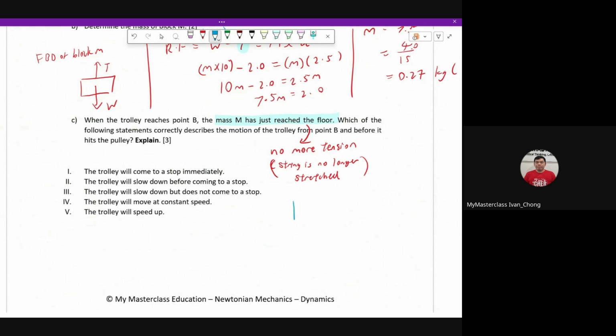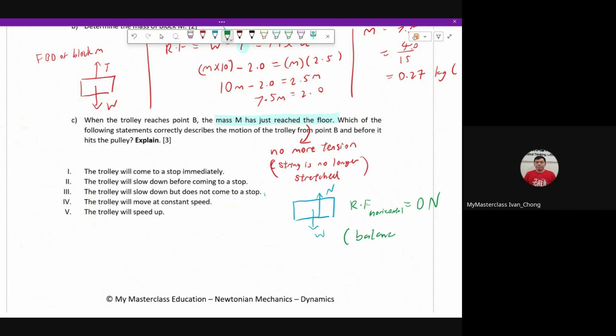So first thing, you draw your free body diagram of your trolley. Okay, this is your trolley. There's no more tension, so you only have weight and normal. So horizontally, resultant force horizontal is going to be 0. Because there's no more rightward force, there's no more leftward force. You do not have any resultant force. What does that tell us?